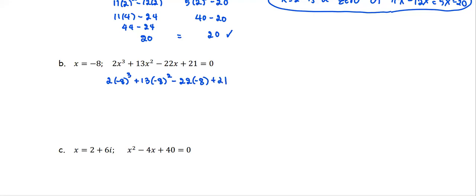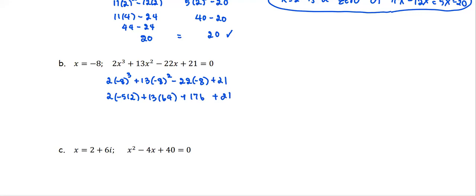Simplifying, negative 8 to the third power is negative 512, plus 13 times negative 8 squared, that is 64, and 22 times 8 is 176 with a positive sign because negative times negative becomes positive, and then plus 21.